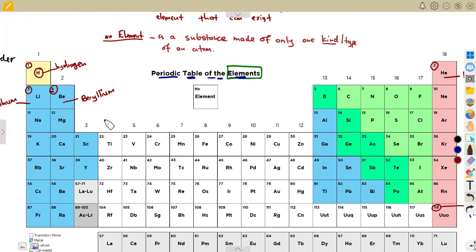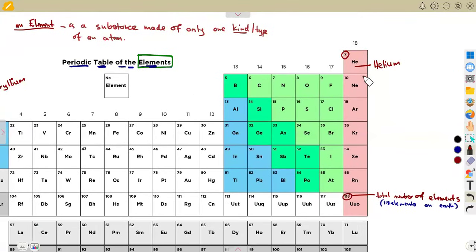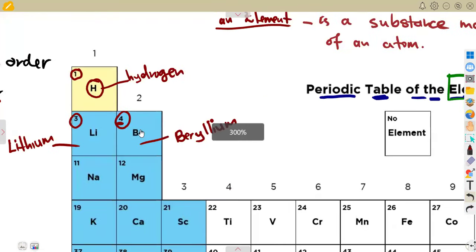There are going to be 7 rows in actual sense, if you count: 1, 2, 3, 4, 5, 6, 7, which is not that important, but you just need to know that. So that is all about the atomic number and your elements up to the last one, working with the atomic number on top.